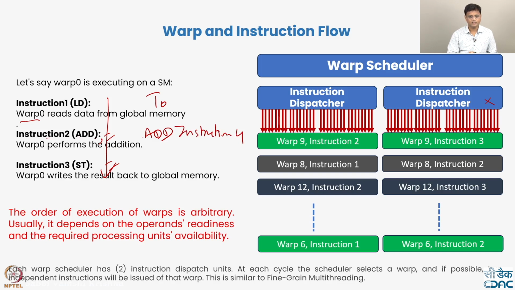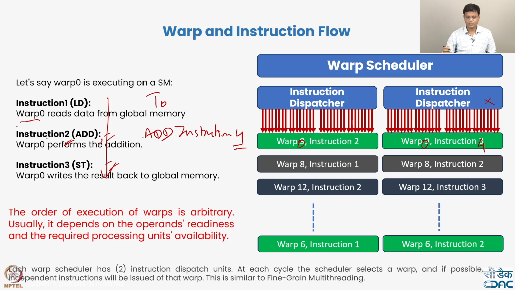This data is totally independent, and I am considering both instruction dispatchers. In that scenario, suppose this is warp 0 and this is also warp 0. Because these two instructions are independent, instruction 2 is processed, and instruction 4 will be processed by the other instruction dispatcher.